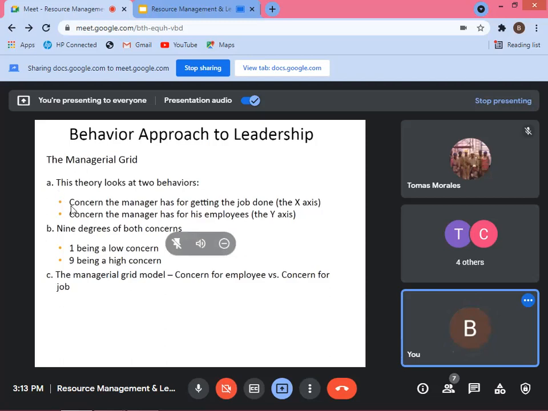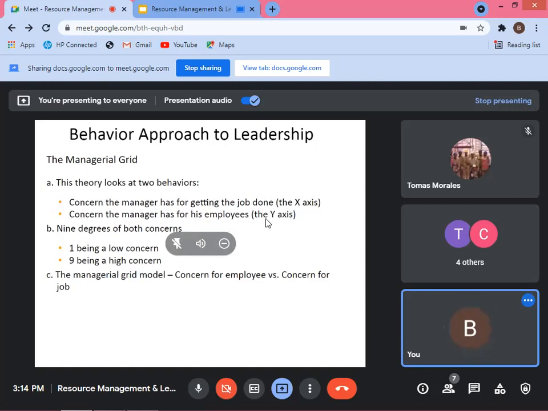First, the concern the manager has for getting the job done. This is the X-axis of the grid, which I'm going to show you next. The next one is the concern the manager has for his employees. This is the Y-axis of the grid.